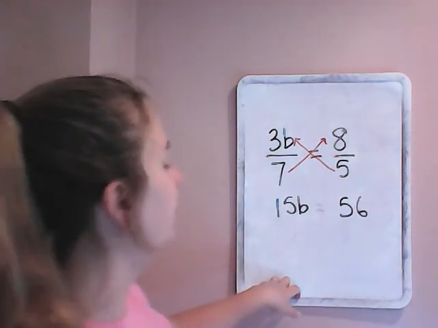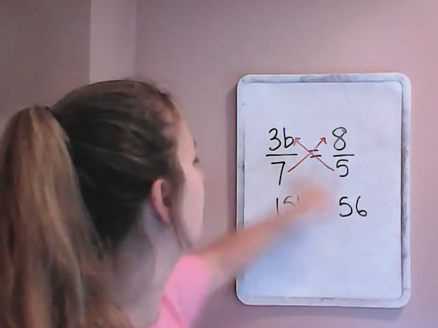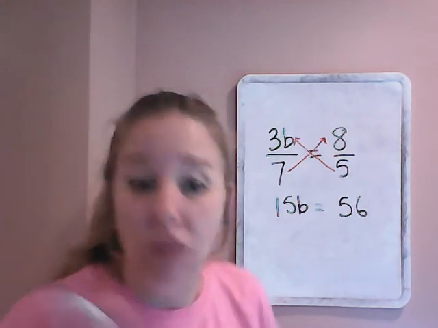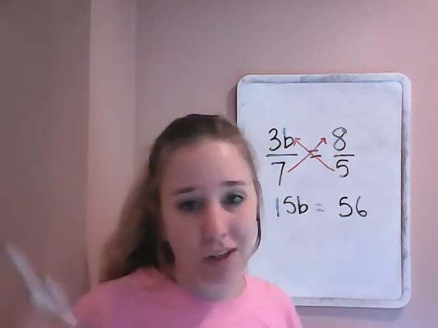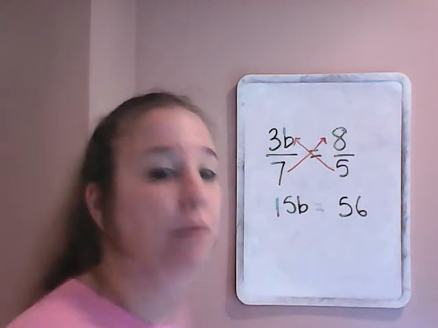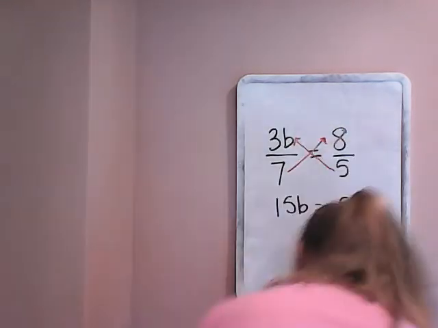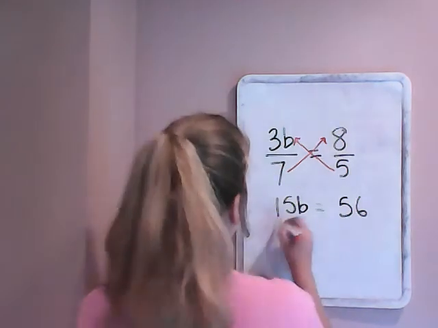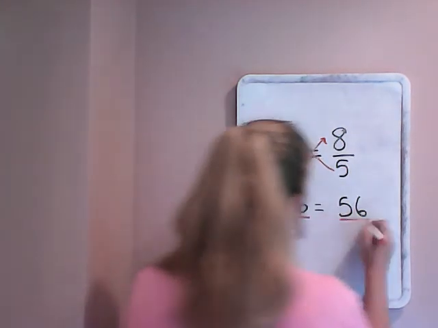So I do have students that say, I thought these are not like terms. Why am I multiplying? You can multiply whenever. Like terms is for adding and subtracting, where you can't combine them. But you can always go ahead and multiply. Okay, so that being said, 15 times b, we're going to undo it by dividing by 15.